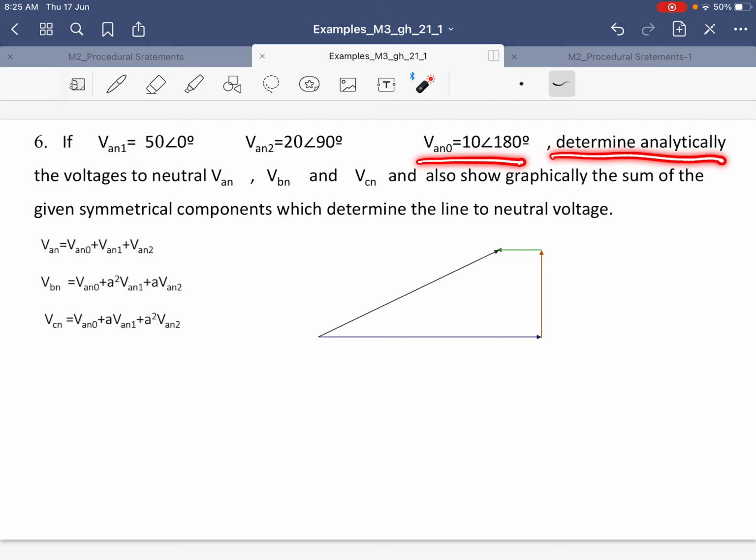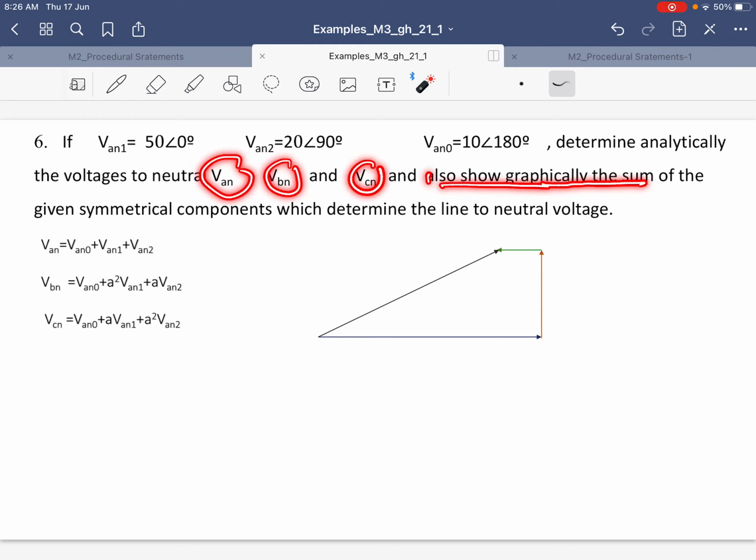You are asked to determine analytically, that is mathematically, the voltage of phase A, phase B and phase C. Also you have to try it graphically, and the calculated values of VAN, VBN, VCN should match the analytical values. That also you have to check. I will explain how to go about this.